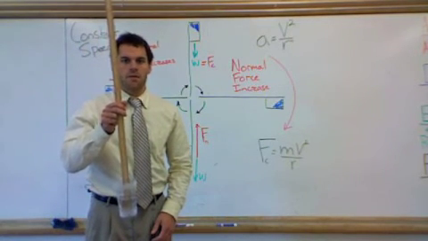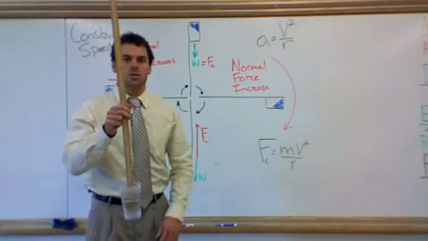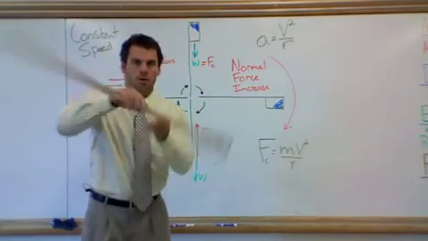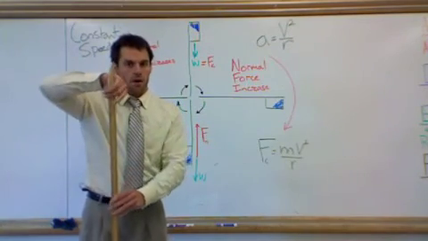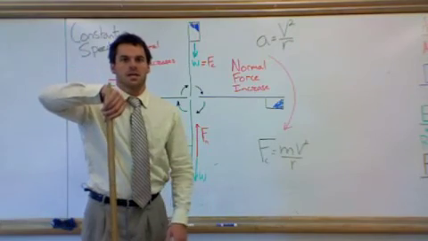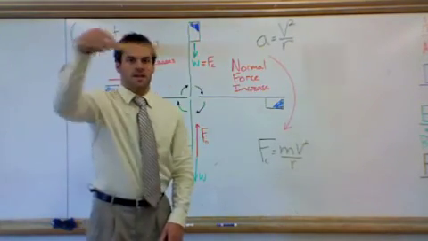As I swing it around, if I decrease the radius, this distance here, I can also move it at a slower speed. As before, think about it at the longer radius, it's going to be covering much more distance in the same amount of time, so it therefore needs to be moving much faster.